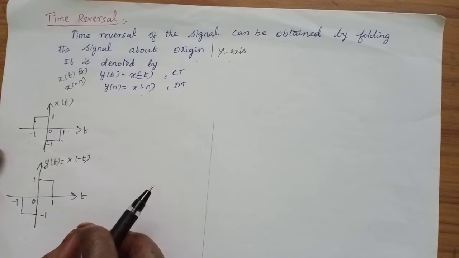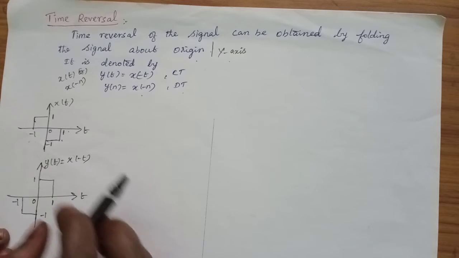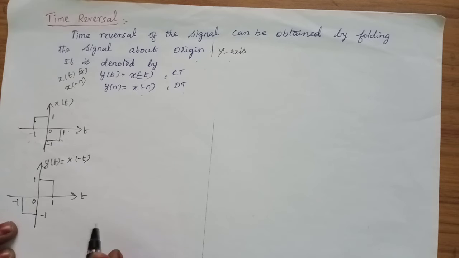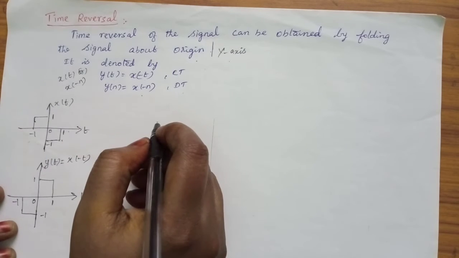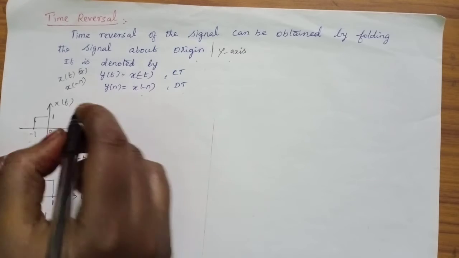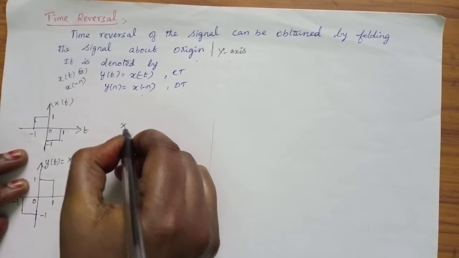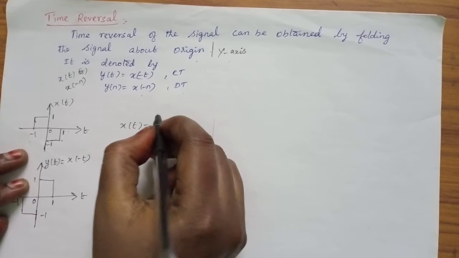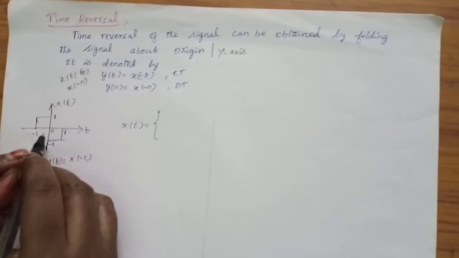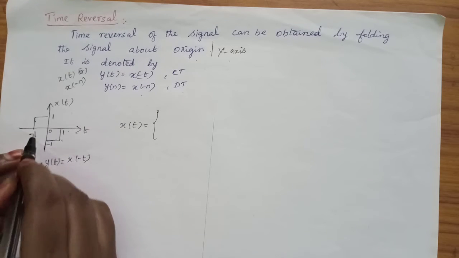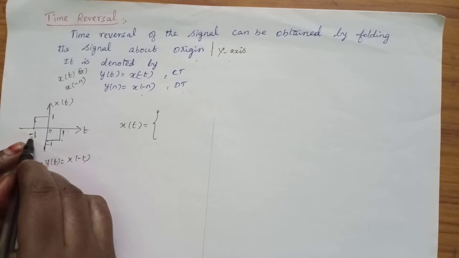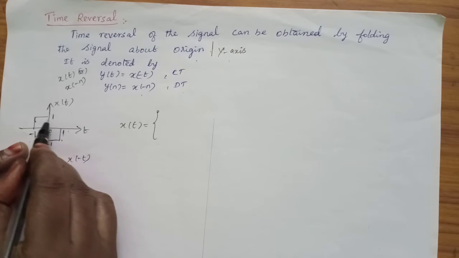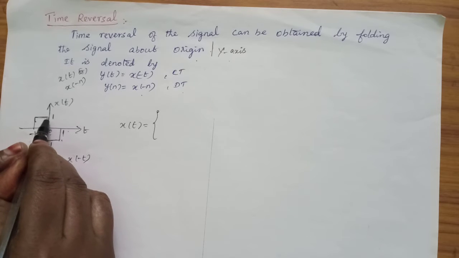Okay, so we can prove the same time reversal operation mathematically also. For that we should write the mathematical, that is functional, representation of x of t. Here the signal starts from minus 1 and ends at plus 1. From minus 1 to 0, the amplitude value is plus 1.